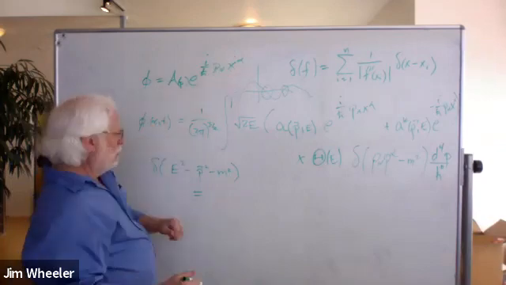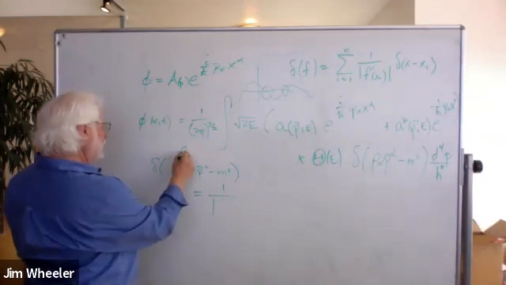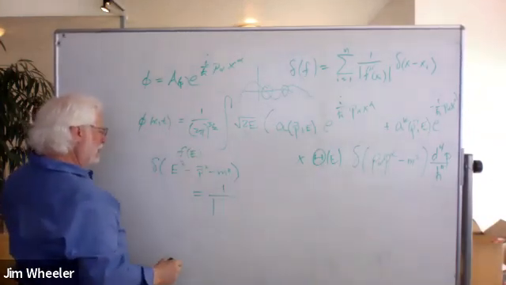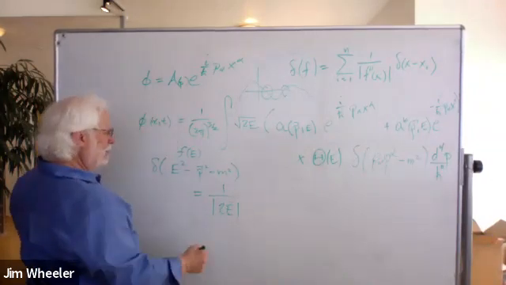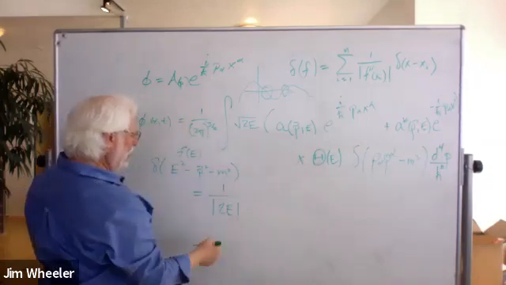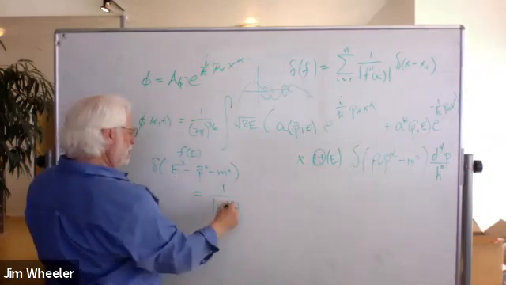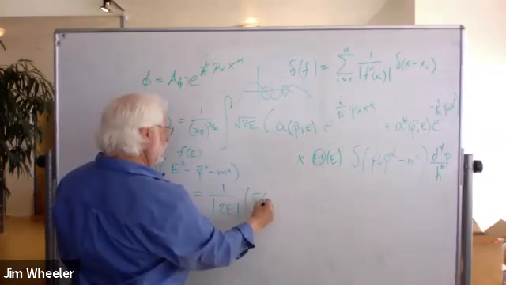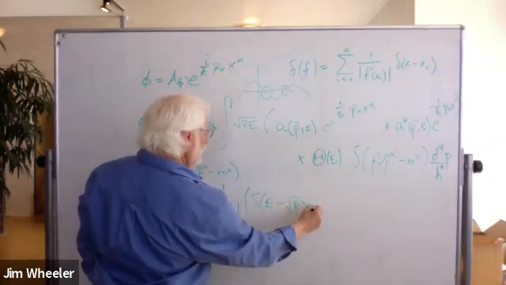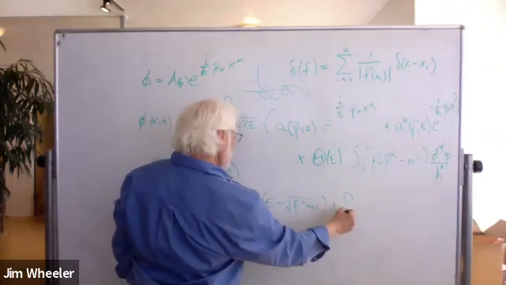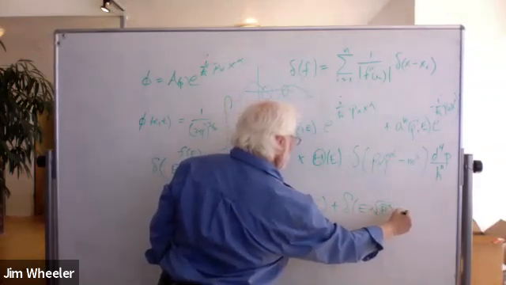And we can write that as what? Well, let's use our formula here. So we need 1 over the magnitude of the derivative. Think of this as a function of the energy. So f prime is just 2e. And we're going to restrict to positive e anyway, so I'm not going to need those absolute values. But the derivative is the same in either case, but I get a delta of e minus the square root of p squared plus m squared, plus a delta of e plus the square root of p squared plus m squared.